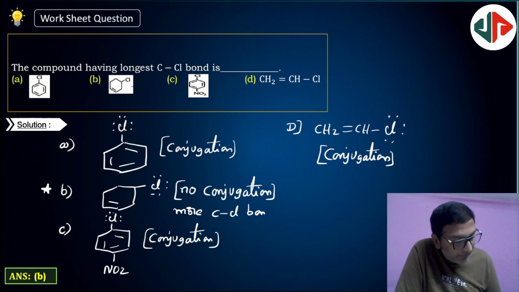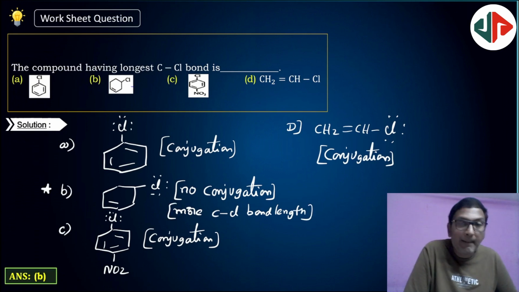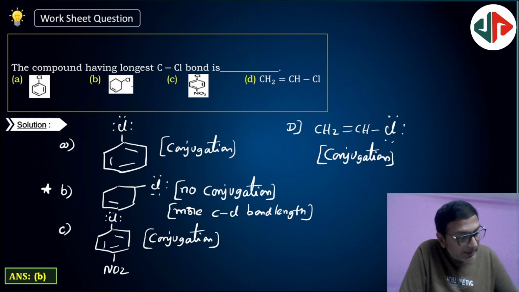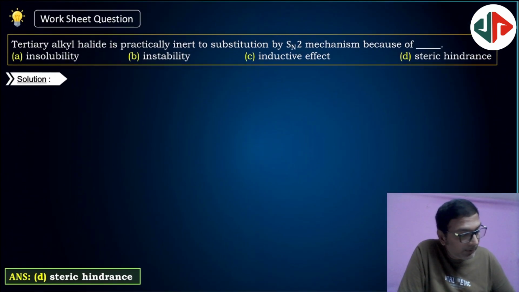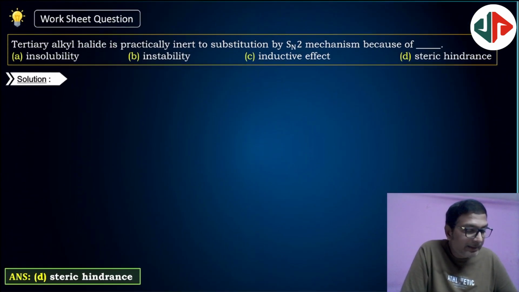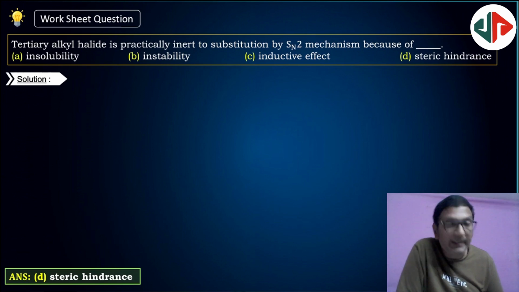Okay, option B. Next. A tertiary alkyl halide is practically inert to SN2 substitution due to the presence of steric hindrance.